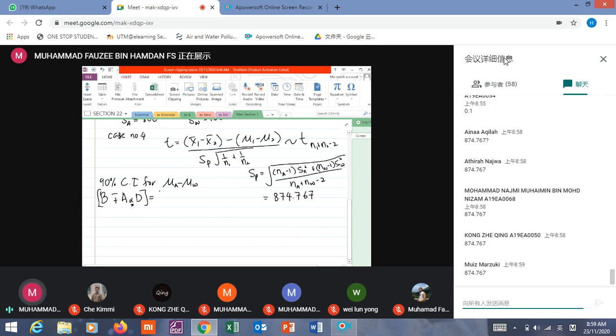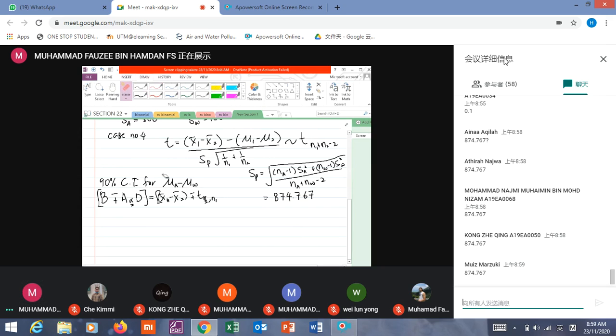So this is X bar 1 minus X bar 2, minus plus T alpha over 2, n1 plus n2 minus 2, multiply with SP times square root of 1 over NA plus 1 over NW.